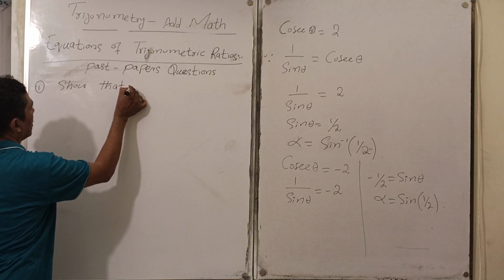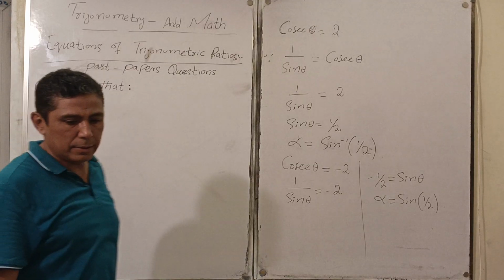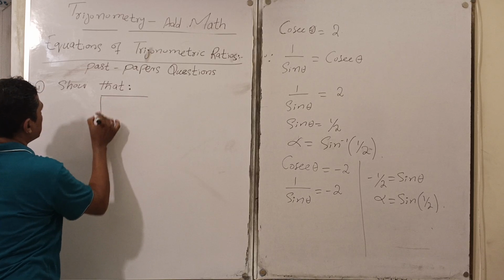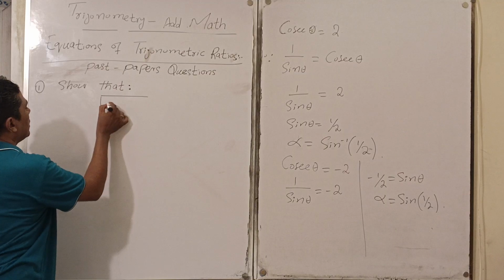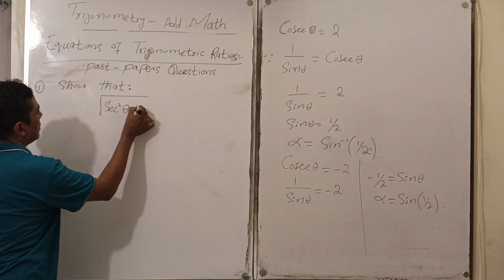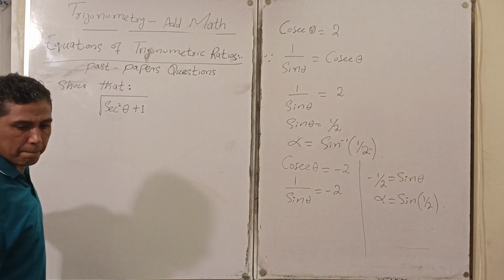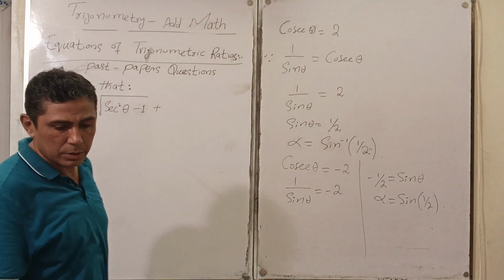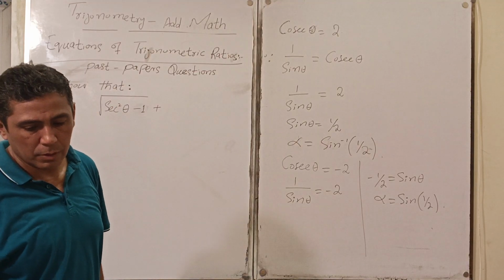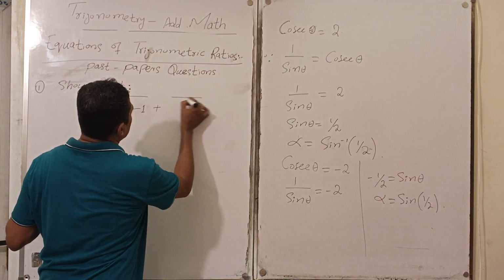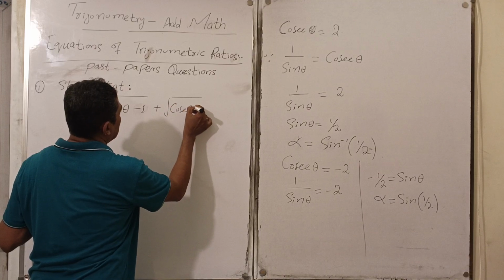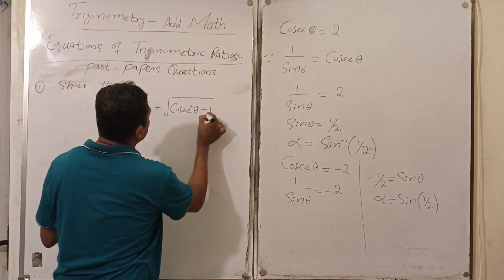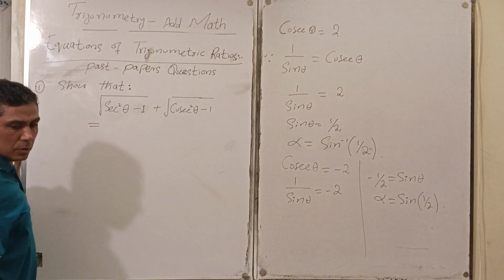Show that sec square theta plus 1, sorry, minus 1, plus cosec square theta minus 1 equal to what?